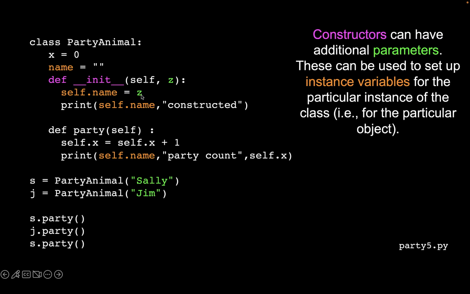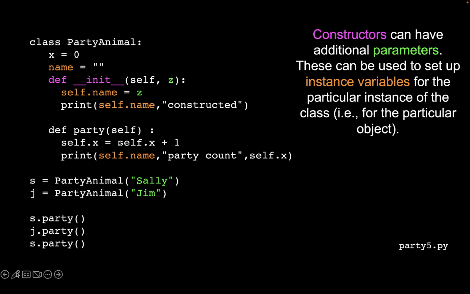So we call the constructor with a name, and then in the init we set self.name to that value. And then of course we're still printing a lifecycle message just because we can.